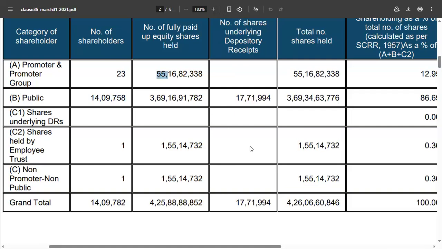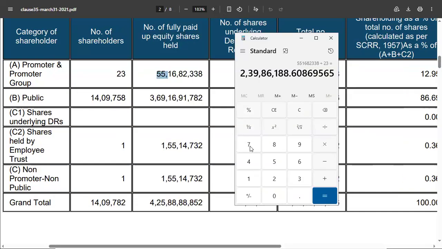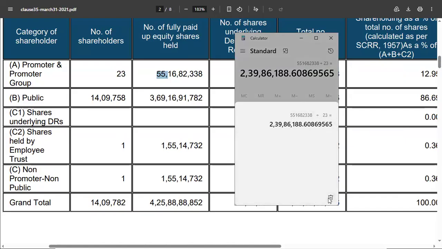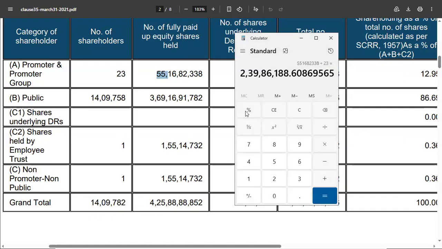So when I talk about the promoters' contribution, it is more than this. But if I compare the general public, the number is 3691691,782, and we divide by the number of people holding this, 1409758.